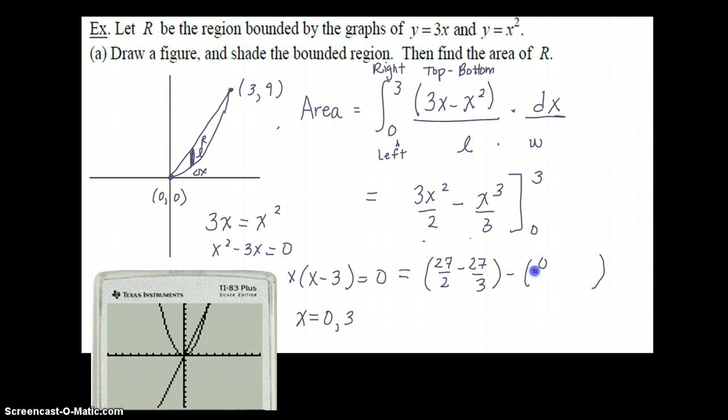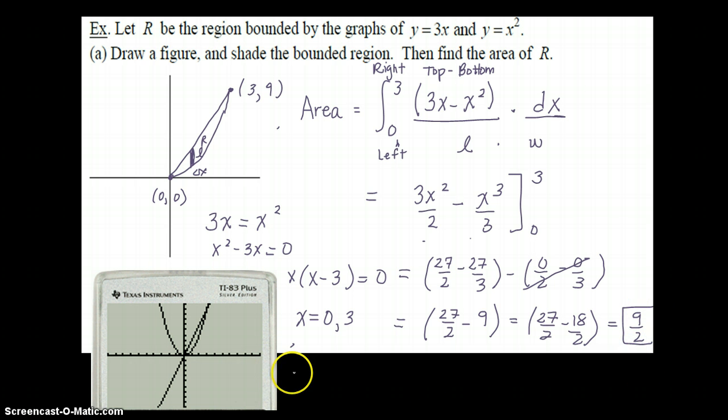And this would be 0 over 2 minus 0 over 3. Great news is that just goes away. And then we combine the two fractions. I think it's easier to think of this as 27 halves and this as 9, because 27 over 3 is 9. And then change the 9 into halves, so I get 27 halves minus 18 halves, which leads me to 9 over 2, the answer for the area.